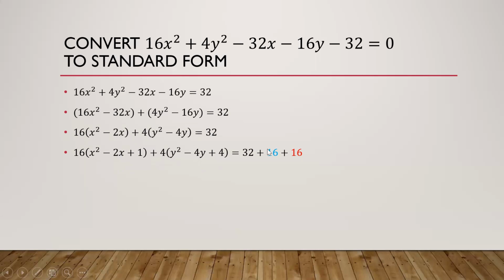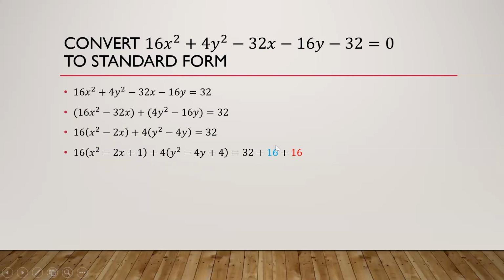Now, why did we add 16 and 16 to the other side? Why didn't we add 1, 1, and 4? So we have to remember that before we add numbers to the other side, we have to distribute the 16 and 4 first to whatever number we came up with earlier. So 16 times 1 is still 16.